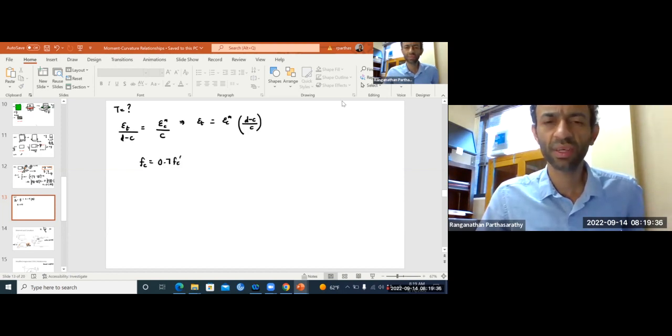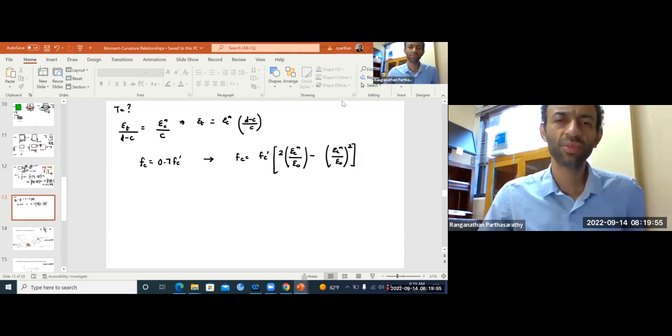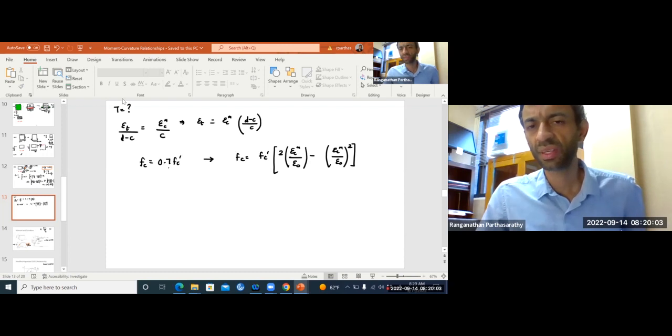And we have the modified Hognestad relationship, that is FC is FC prime times 2 times EC, this is at maximum, times epsilon naught minus epsilon cm by epsilon naught the whole square, right? So if you plug in FC is 0.7 FC prime, you can solve for epsilon cm.